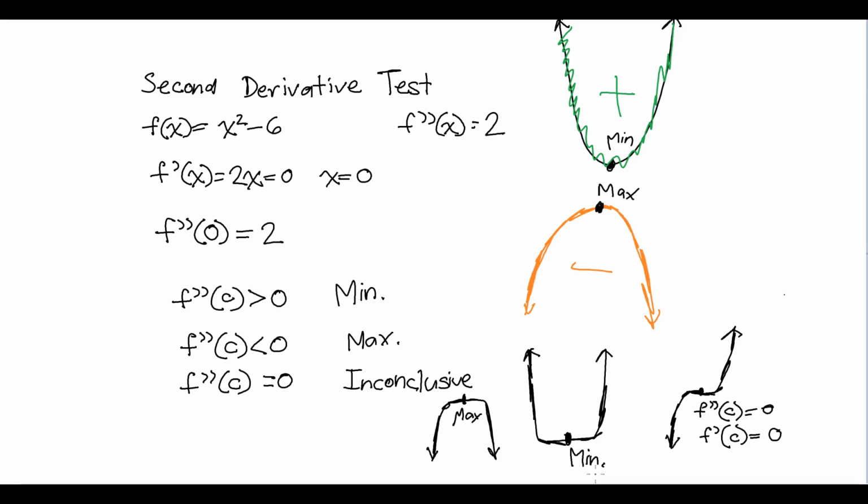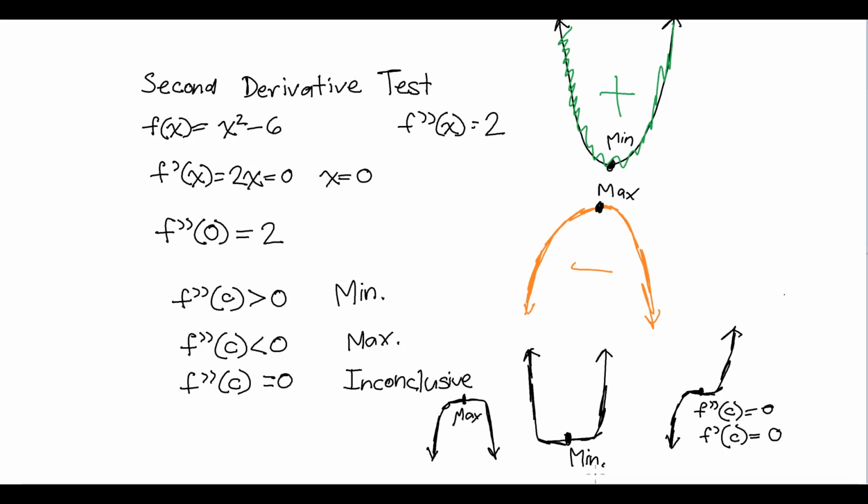You just know the fact that f prime prime of c is equal to 0. So that is no bueno because it doesn't satisfy the test.